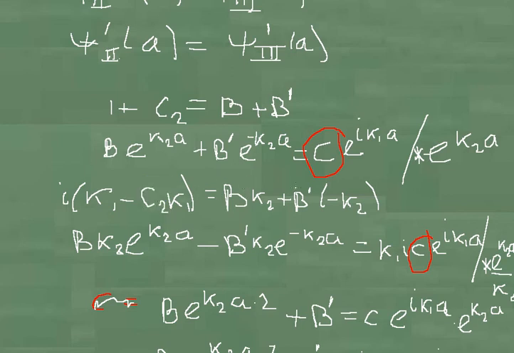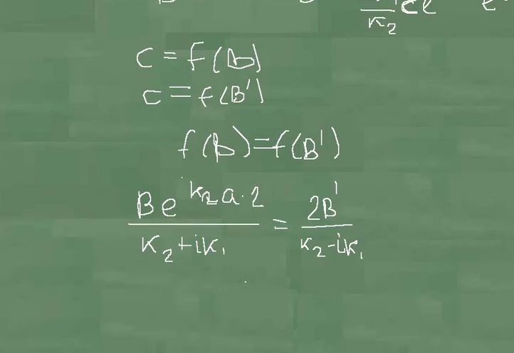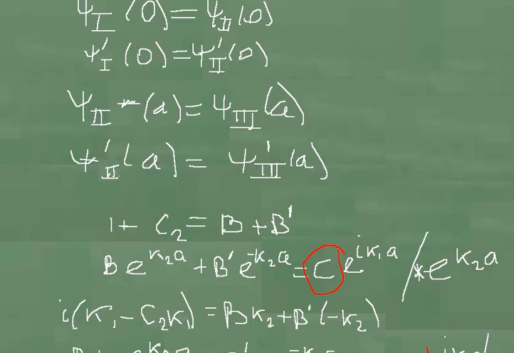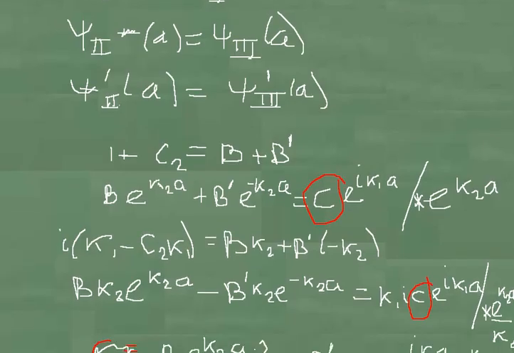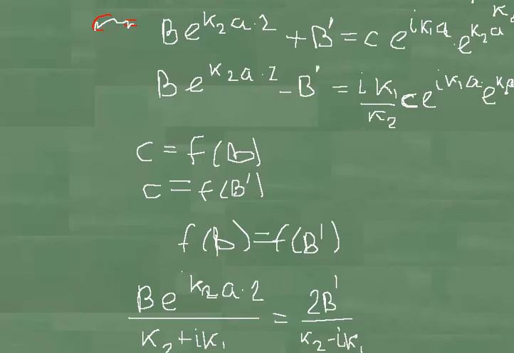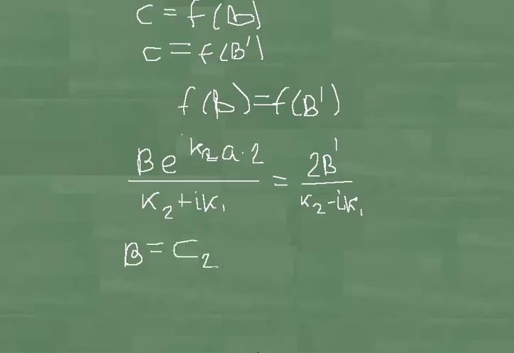For representing B and B' through the C2. And after this we can find the final form of B as a function of C2, and it's going to be sent here, and B' has another function from C2.